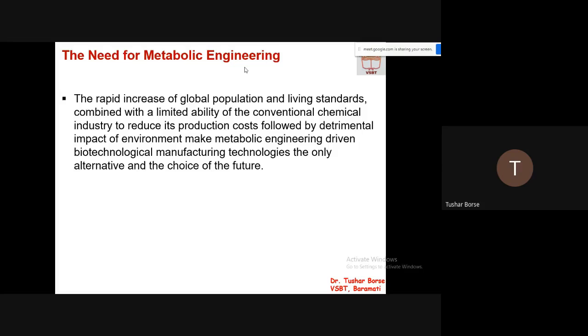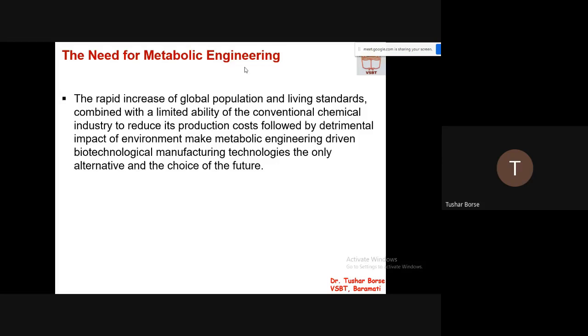The other problem is that chemical synthesis creates environmental pollution. So these could be some of the disadvantages of the chemical industry, and that is why we are trying to work upon the biological system. We are trying to modify or engineer the biological system so that whatever product you are interested in, you can get it in a higher amount, to meet the need of the ever increasing population.